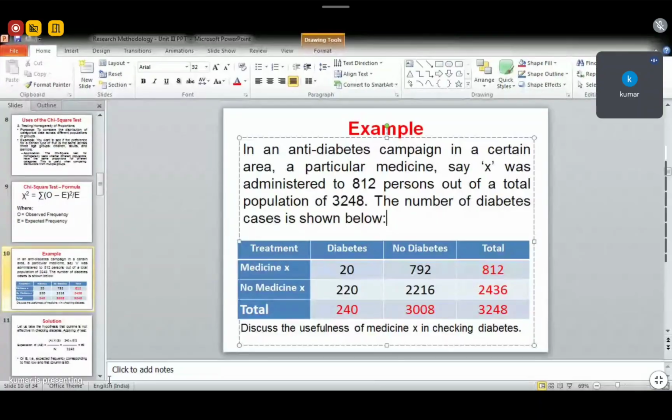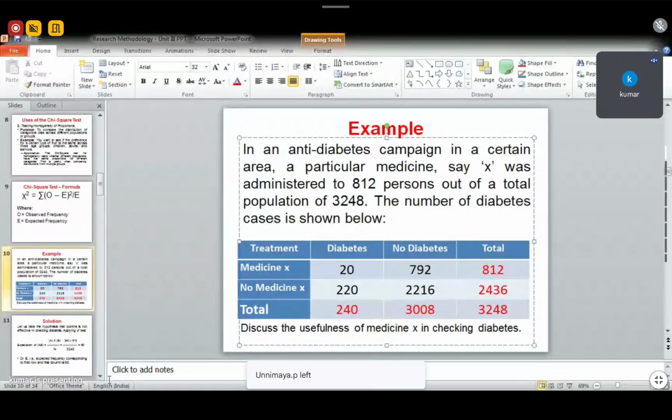Now, actually, what happened, that we have to see here. Say, medicine was administered on 812 persons. Out of them, only 792 were found without diabetes. That is, diabetes has not attacked them. But in spite of administering the medicine, 20 people got diabetes.